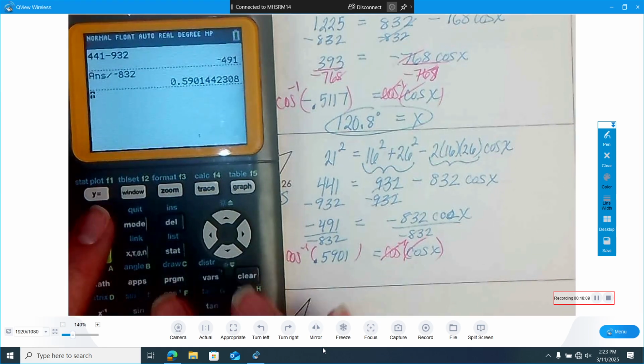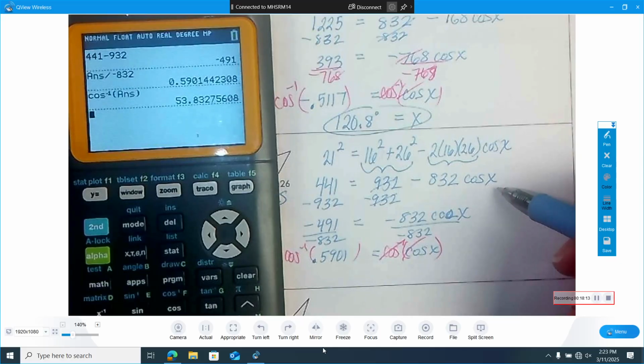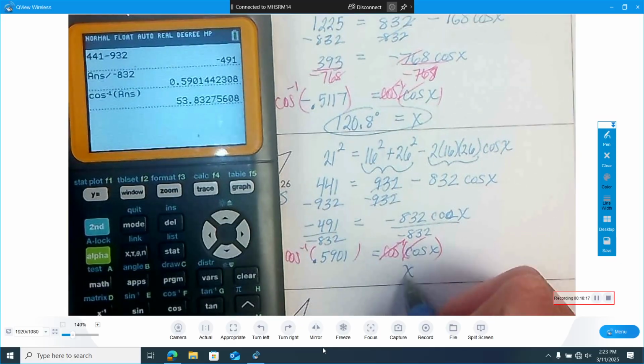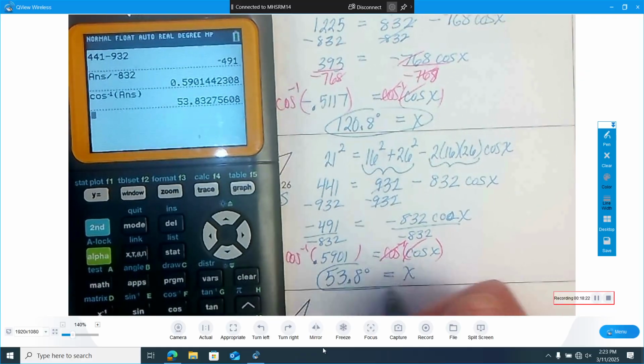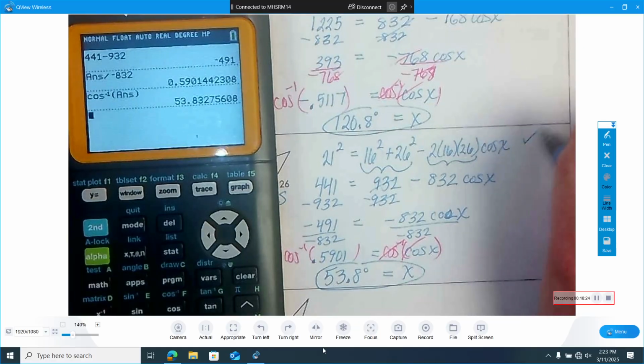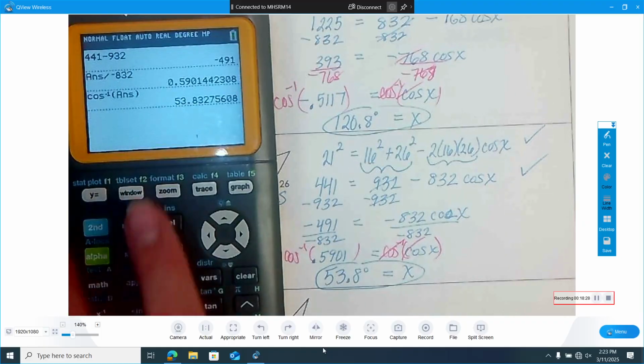And again, the nice thing is that once you get those first two lines, most of it you can do on your calculator. So that's really key there. So we get x equals 53.8 degrees. So again, these first two lines are really the key things to write down.